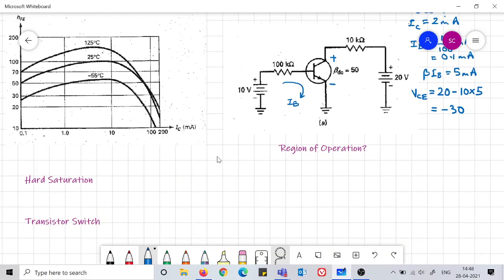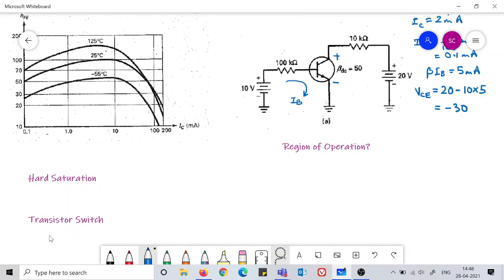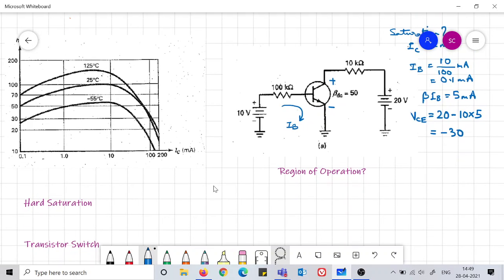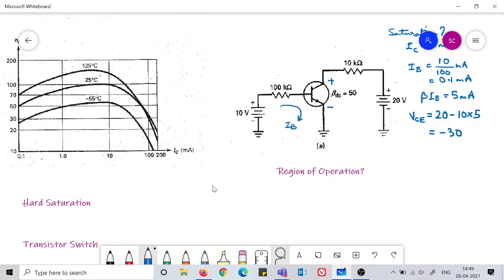Now we have a concept. I already discussed the transistor switch. How the transistor switch operates: we set up the biasing in such a way that it either operates in the saturation region or in the cutoff region. So what is hard saturation? Hard saturation means we prevent the common emitter configuration from working in the active region.